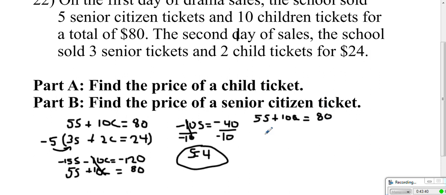They seem like easy numbers to me. 5 times 4 plus 10C equals 80. 5 times 4 is 20 plus 10C equals 80. Minus 20 on both sides.